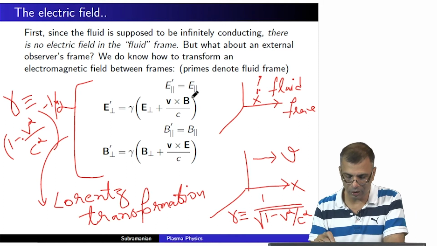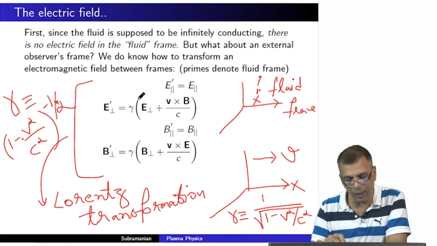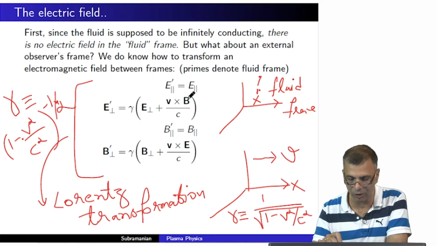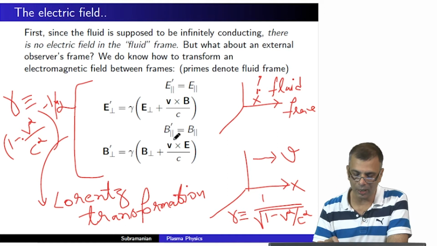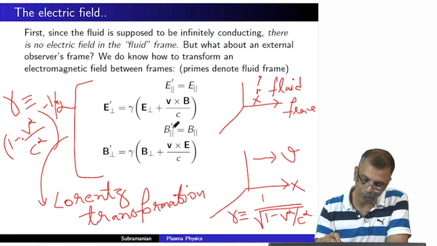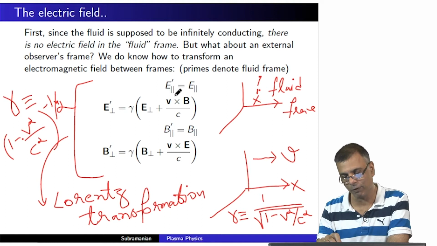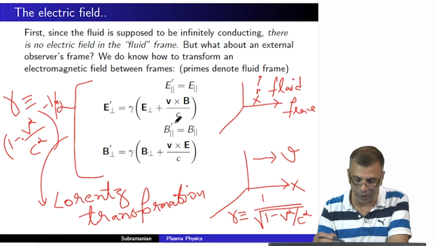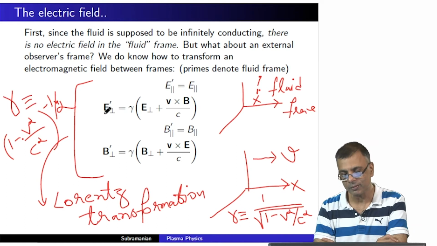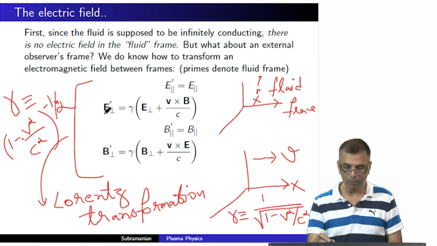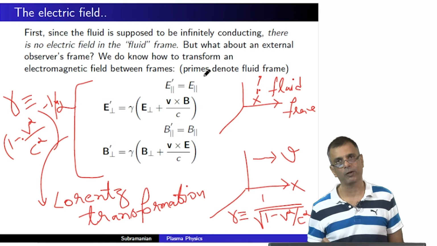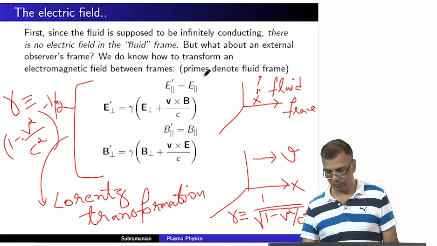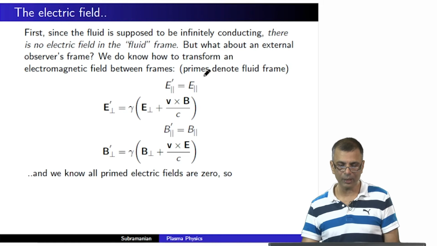And so the E perpendicular prime is not the same as E perpendicular. There is this v cross B business sitting in here. However, the B parallel prime is the same as B parallel. So as far as the parallel components are concerned, both the electric field and the magnetic field are unaffected. It is only the perpendicular components which are affected. So this is how you transform between the primed frame and the unprimed frame. Okay, so let's keep this in mind.